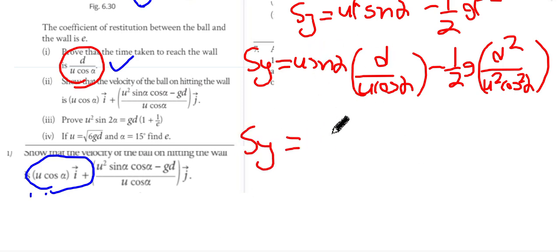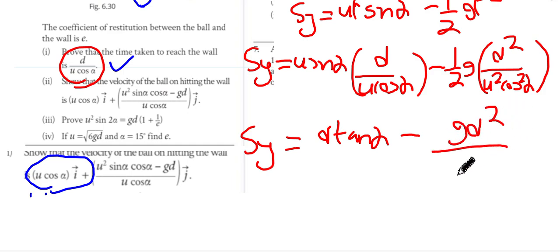All right. Would you all agree with d tan alpha? Yeah? And would you all agree with g d squared over 2 u squared cos squared alpha? You okay with that? That's my sy. Now here's the issue, and I'm going to use a simplification approach for this.